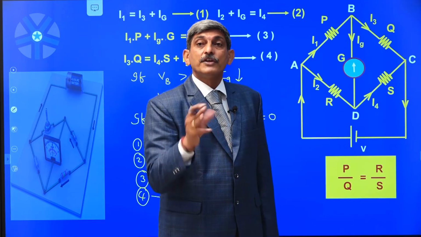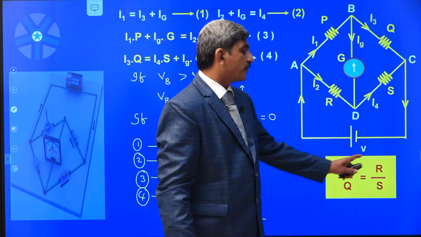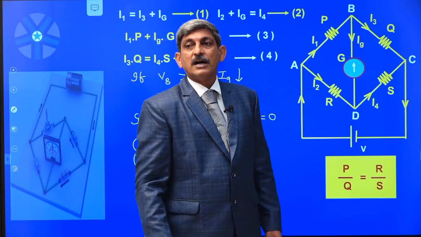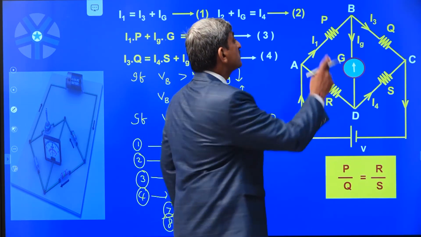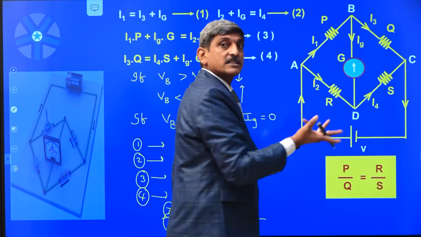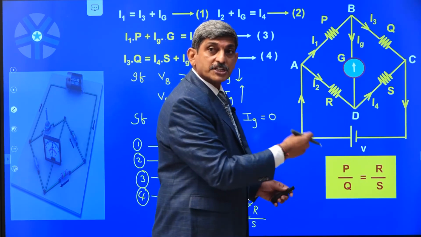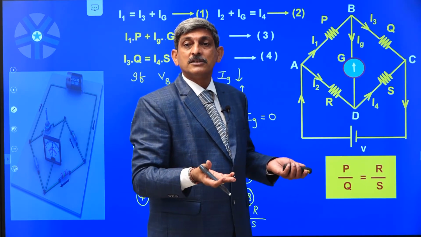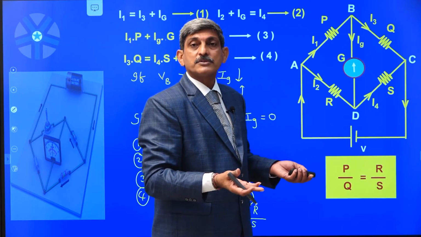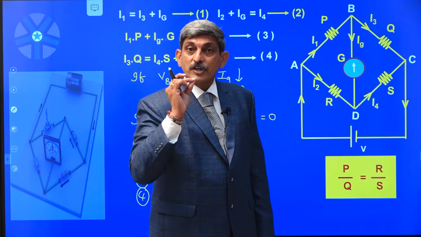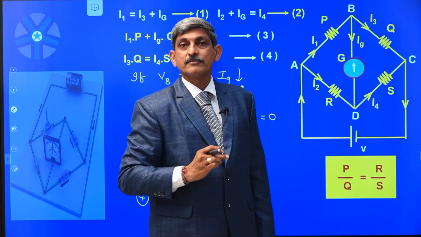Sometimes to confuse you, instead of using this PQRS, R1, R2, R3, R4 may be given. Or to confuse you, this may be given as P, this may be given as Q, this may be given as R, this may be given as S. That means what notation we used in the network may not be followed by the notations in the problems or in the other books. So in such cases, we have to remember the formula wisely.